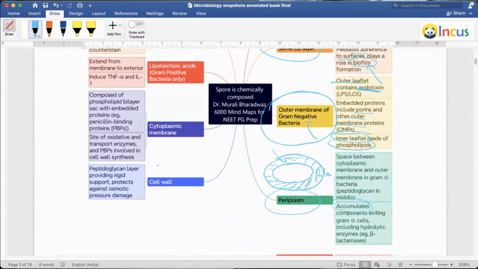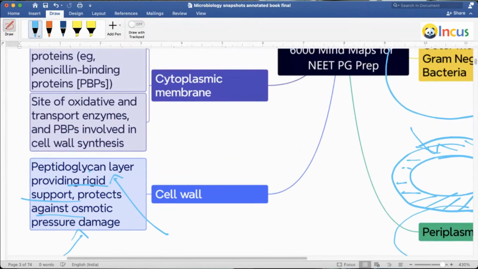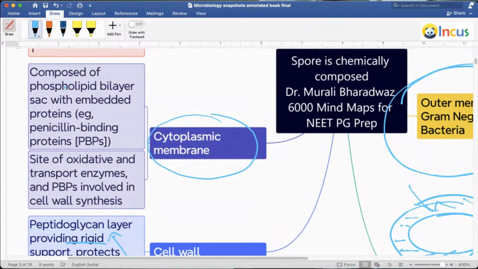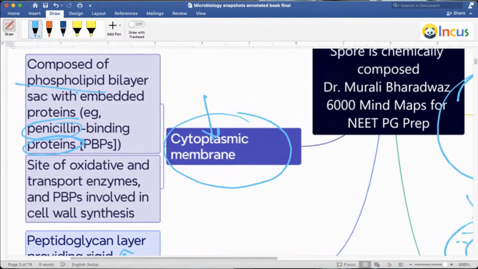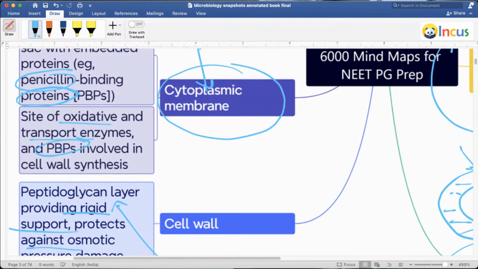Then coming to the cell wall of the bacteria. What is it made up of? The cell wall has a peptidoglycan which provides rigid support and protects against osmotic pressure damage. Coming to the cytoplasmic membrane, it is composed of a phospholipid bilayer, and it has penicillin binding proteins in this phospholipid bilayer, and is also the place where oxidative and transport enzymes, PBPs, which are involved in cell wall synthesis, are all located.